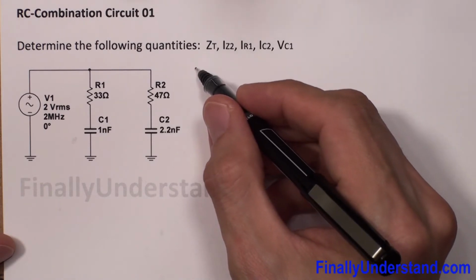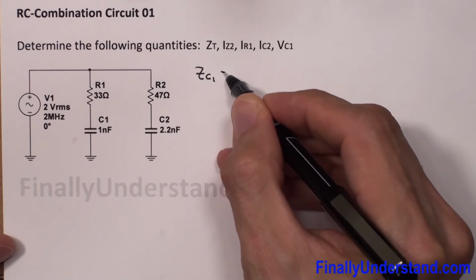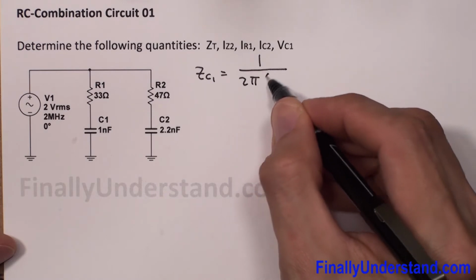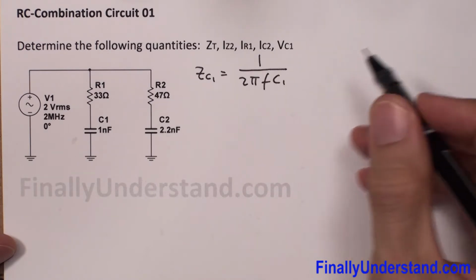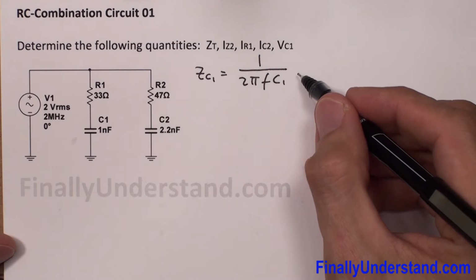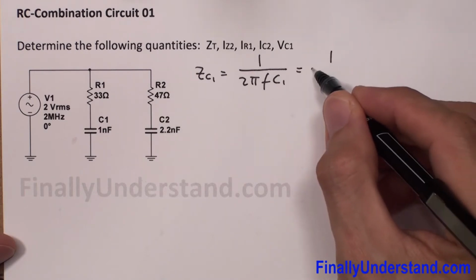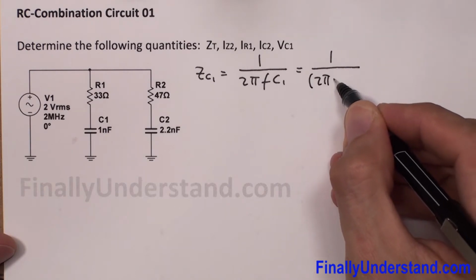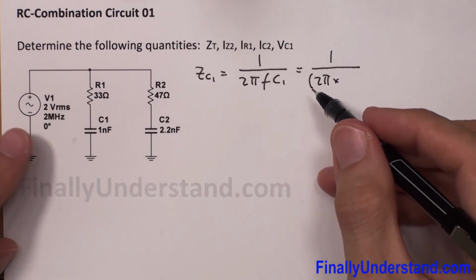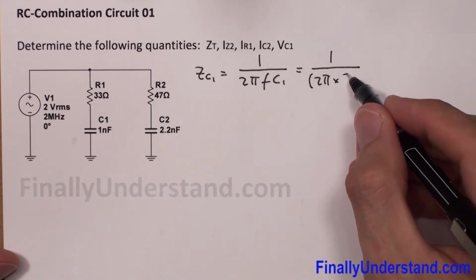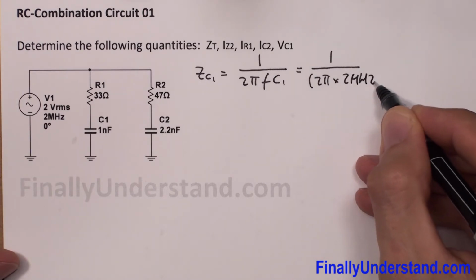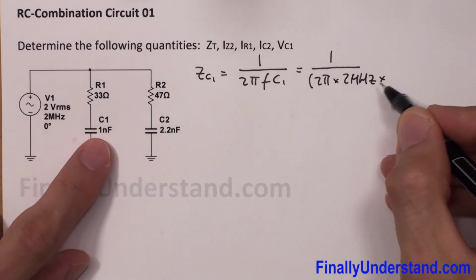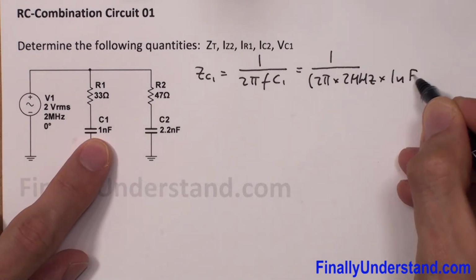So I have Z C1 is equal to 1 over 2 pi F C1. So I have 1 divided by, open parenthesis, 2 pi times the frequency, which is equal to 2 megahertz, times C1, which is equal to 1 nanofarad.